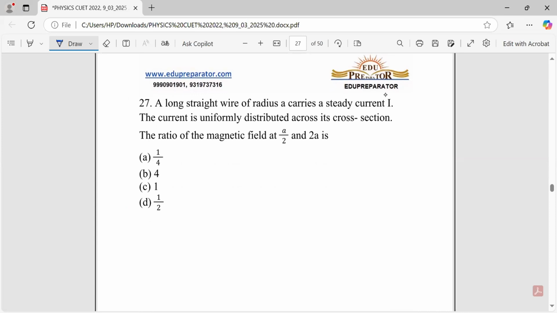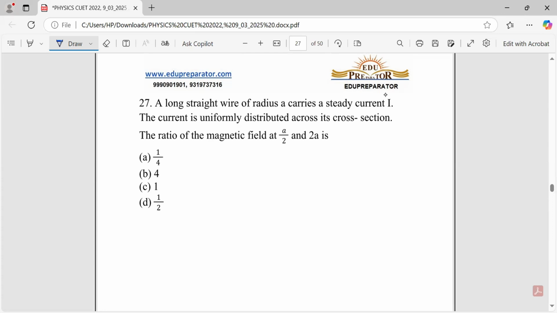Then the 27th question is a very important question, and you must have done this typical question in your preparation for CBSE also. This is a typical question for a straight wire of definite area of cross section. In the previous question 25, we discussed a thin wire, right? A thin wire has a magnetic field outside, but this is the case of a thick wire.